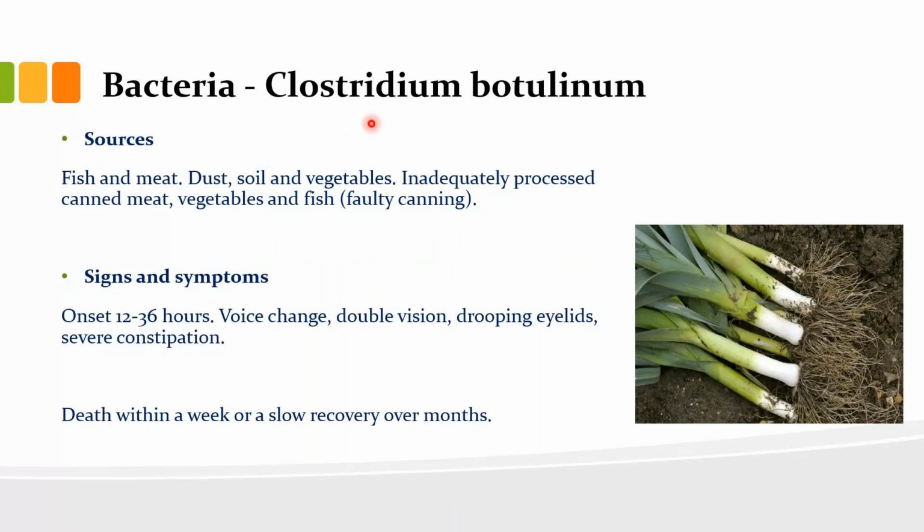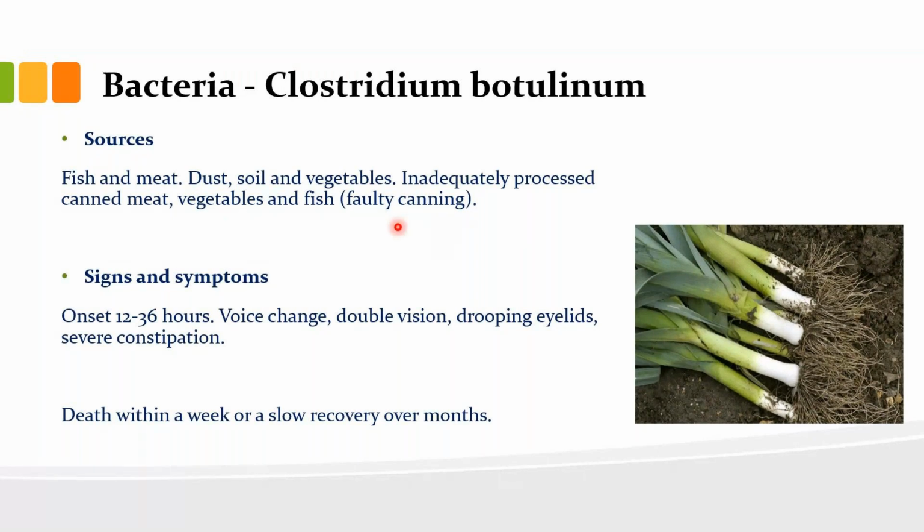Sources: fish, meat, dust, soil, and vegetables; inadequately processed canned meat, vegetables, and fish. A fault in the canning of the food makes an anaerobic condition, giving Clostridium botulinum the chance to grow and release its toxins.